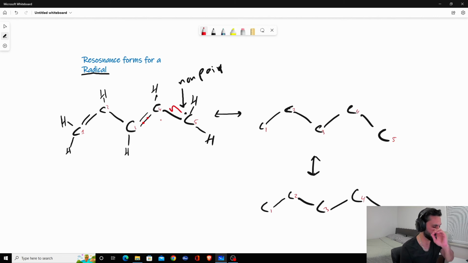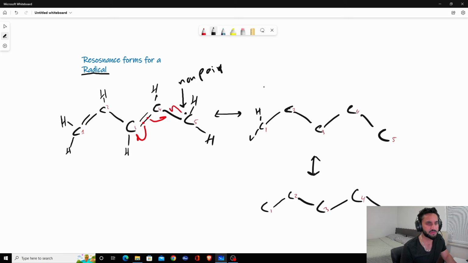So in this bond and this bond right here, let's imagine that there are 2 electrons, so we would take one of the electrons and draw it with the half arrow to make a pi system here between C4 and C5. And what happens to this non-bonding electron here? What actually happens to this one is it's given to this C3 carbon. So let's draw this structure actually. So this carbon number 1 stays the same.